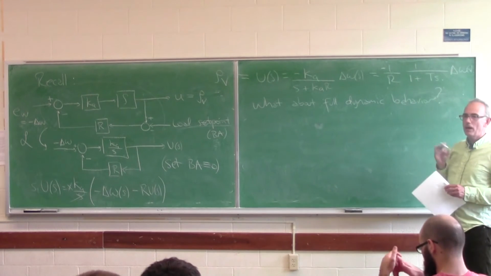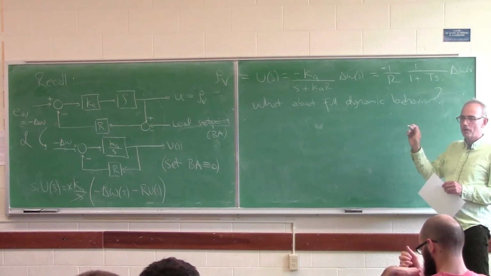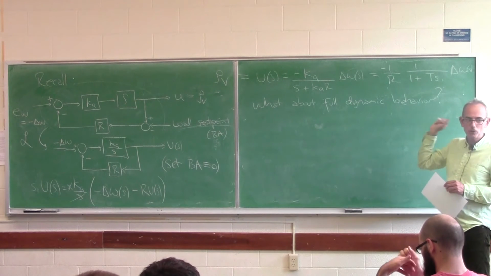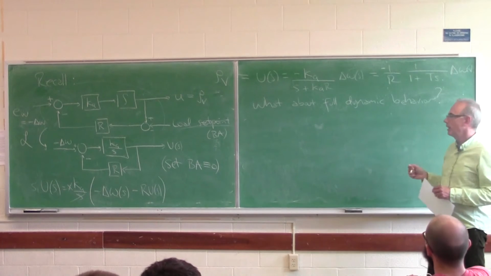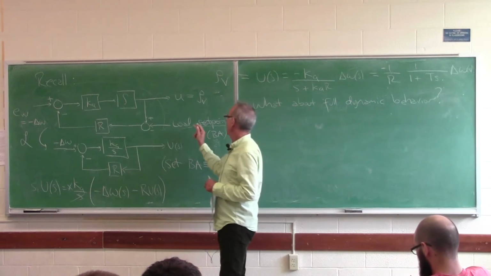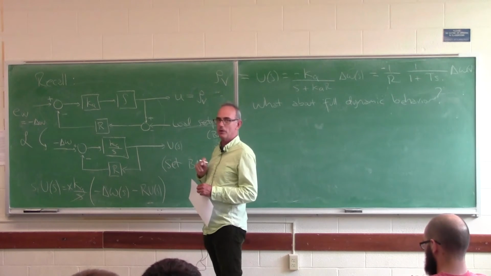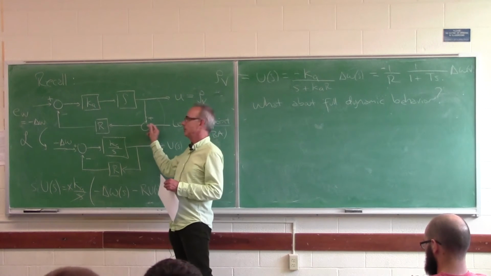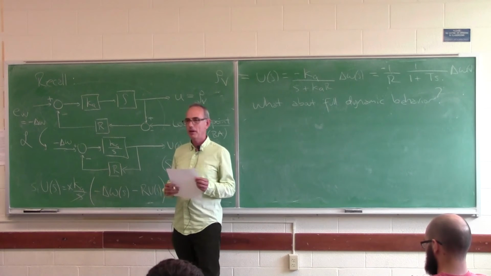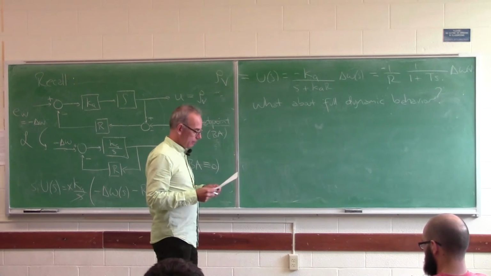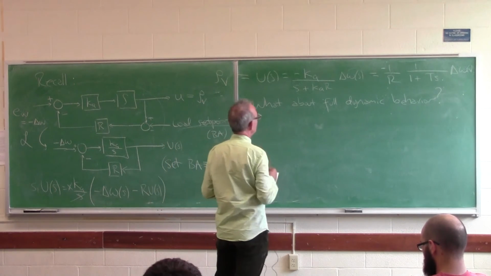I need the kind of thing we talked about last time, a disturbance response. If this thing gets jolted, how does it respond? And I also need to know this. What does the balancing authority expect when it sticks in an input, when it sends some signal here? What will the behavior be? All right? And so first of all, I can augment this thing.